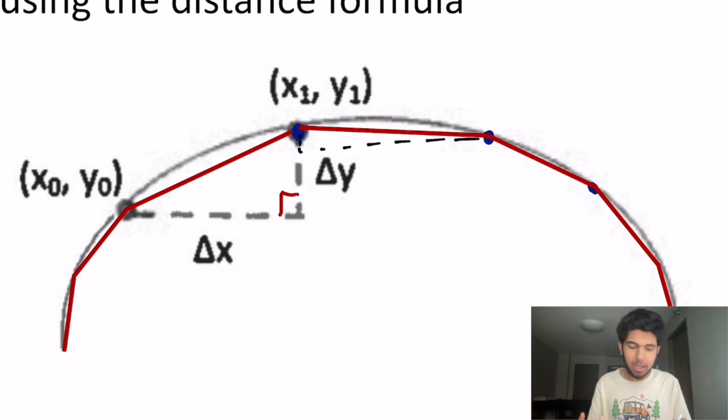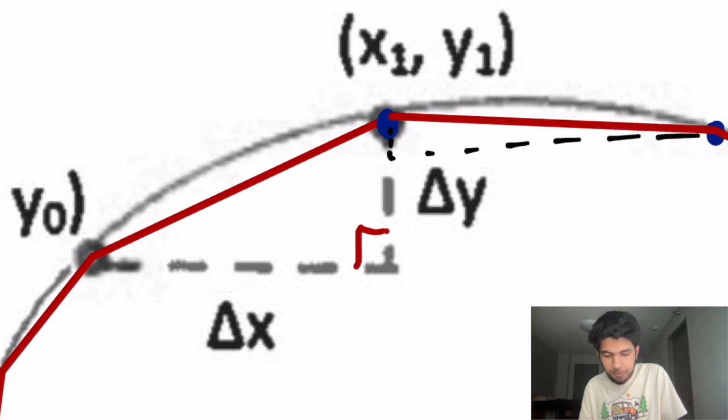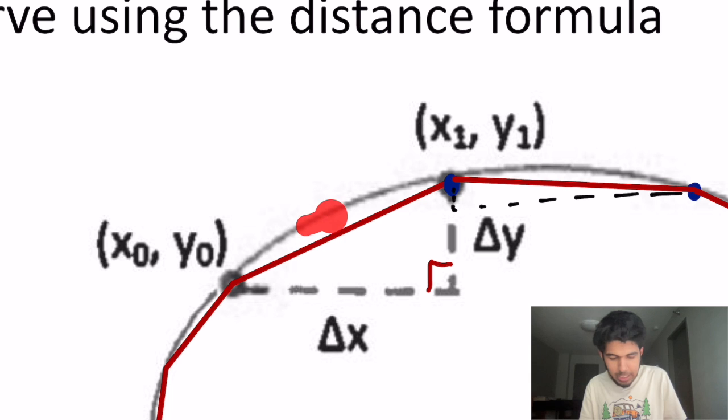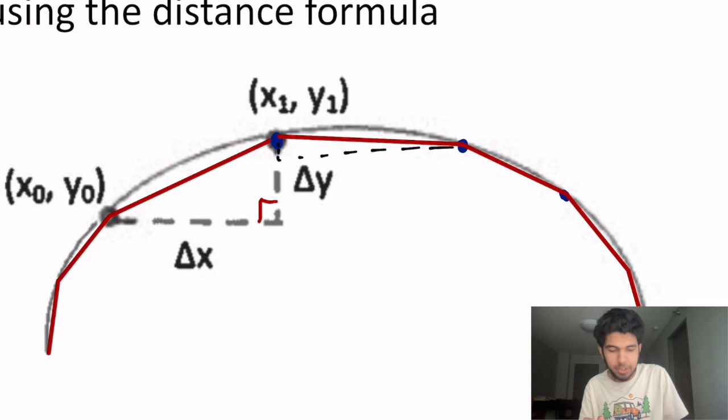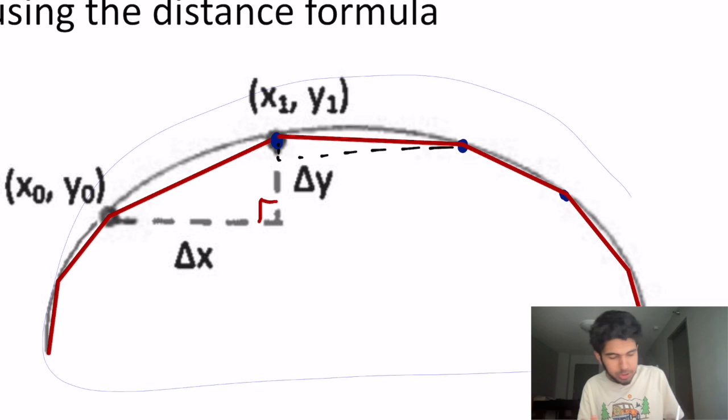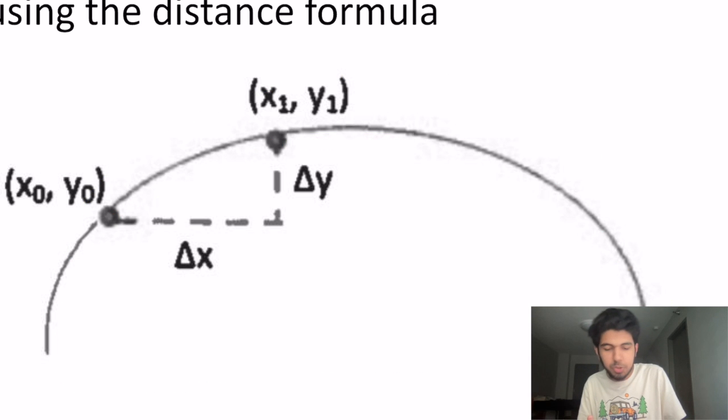The issue right now of why we're not getting the actual curve is because our points are too far apart, right? If they were a bit closer, we would be better at approximating that curve, right? As you zoom further into this curve, it becomes more and more straight, the closer the 2 points are together. So that begs the question, what if the 2 points were very, very close together?